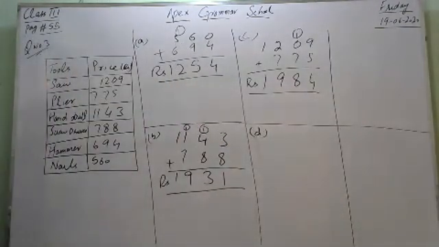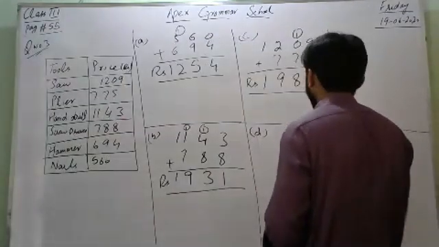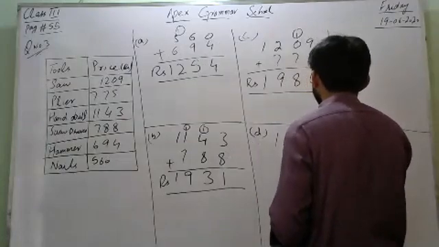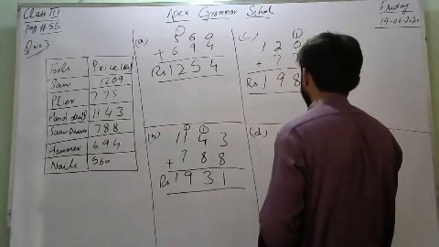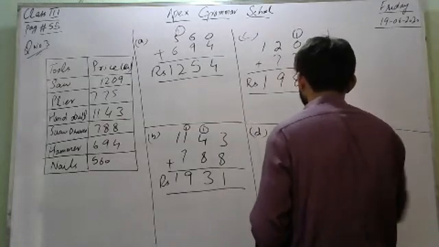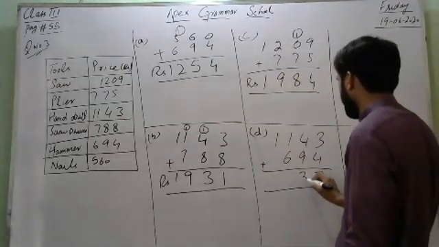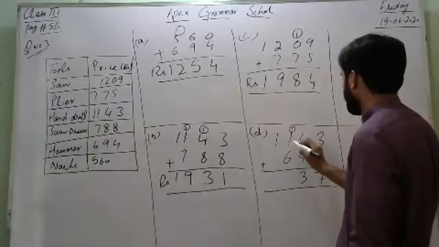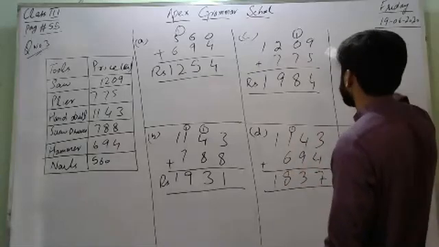In D part, hammer and hand drill. Price of hand drill is 1143 and price of hammer is 694. 3 plus 4, 7, 9 plus 4, 13, 1 carry, 6, 1, 7, 7, 1, 8, 1 as it is.